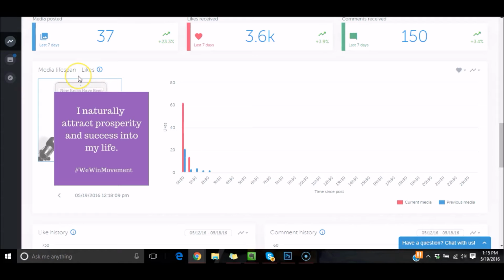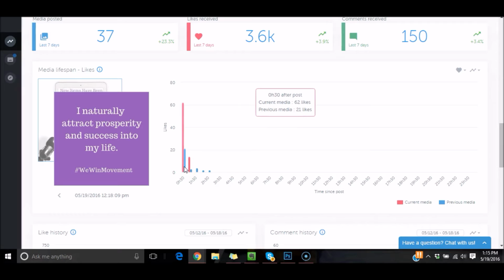Here, media lifespan and likes. So this is basically telling you, from your current media versus your previous media, how the likes are measured. Here you would see that our current media got 62 likes, whereas our previous media had 21 likes 30 minutes after the post.